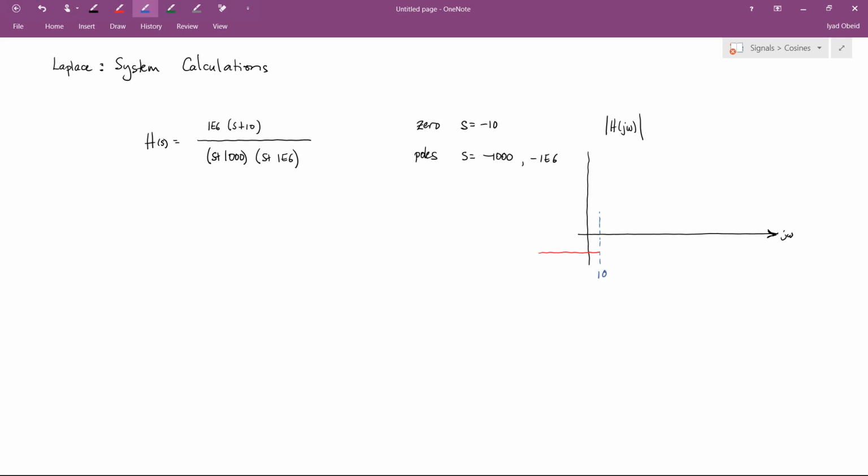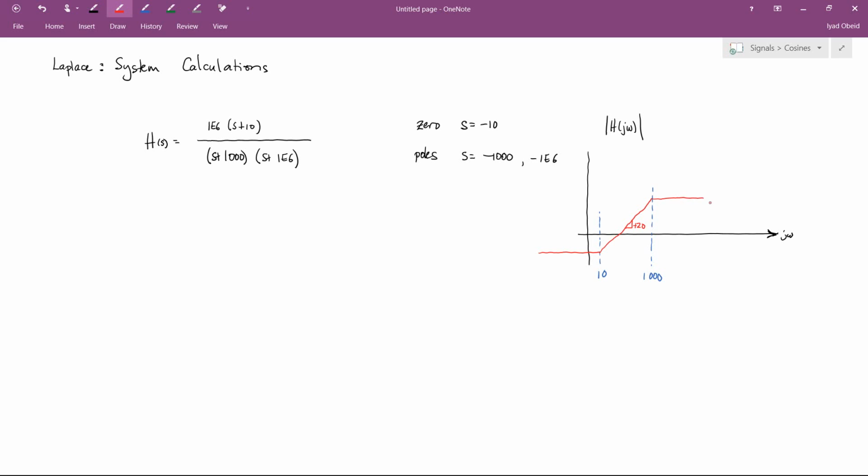And that's going to cause my slope to increase by 20 decibels per decade until I reach my next milestone, which is 1000. And that's going to cause my slope to decrease by 20 decibels per decade. Well, if it was plus 20 and I decrease it by 20, now it's going to be flat.